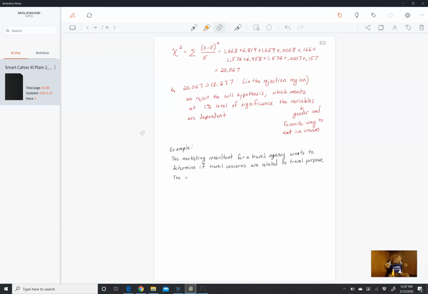So the contingency table shows the results of a random sample of 300 travelers. So we're going to use a level of significance of 0.05.